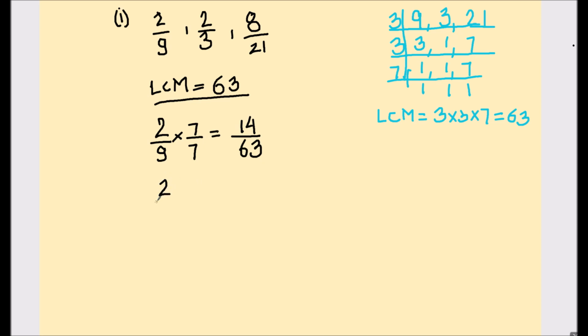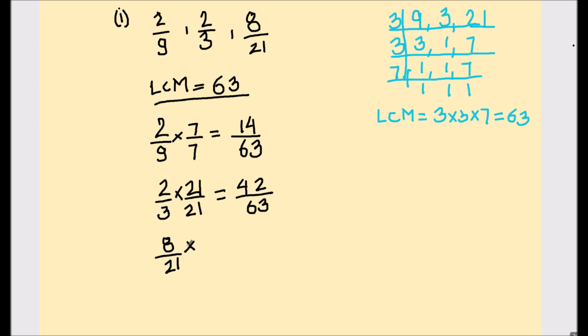Second fraction is 2/3. To convert 3 into 63, we need to multiply 3 by 21. So multiplying the numerator and denominator by 21, we have 63 as the denominator. 2 times 21 gives the numerator 42. The third fraction is 8 divided by 21.